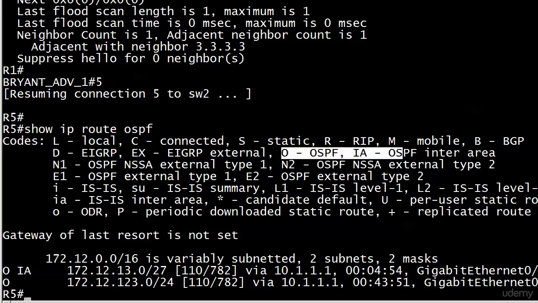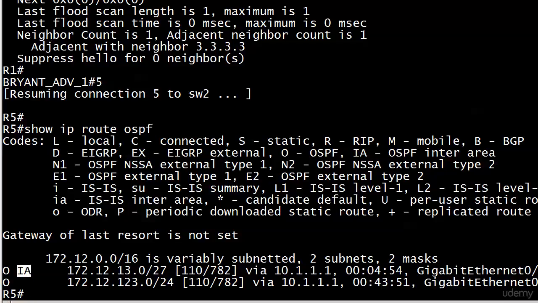These are the only two we're concerned with right now. An OSPF destination, regular old OSPF, is a route to a destination that's in the same area as this router is. But router 5 does not have an interface in area 13. So we're looking at an inter-area route here, and that's where that IA comes from.